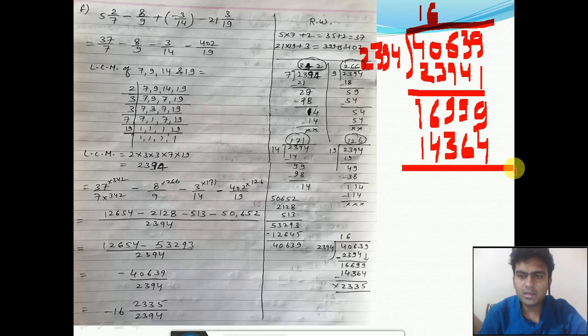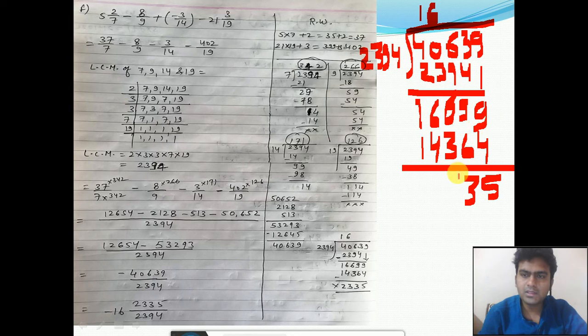Now subtract. So 9 minus 4 equals 5. 9 minus 6 equals 3. Actually this number is 6. Here 6 will come. When we subtract, then here 6 will come. 16699.